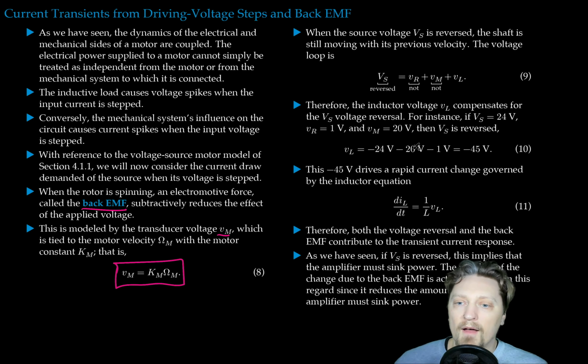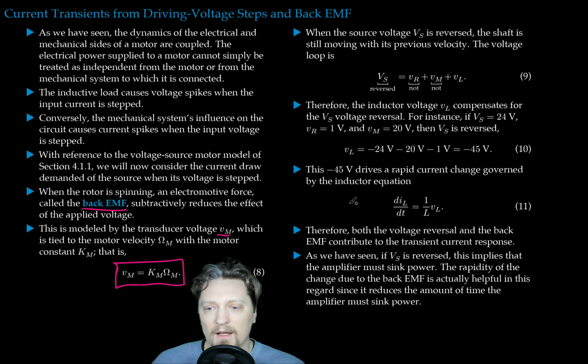This negative 45 volts drives a rapid current change governed by the inductor equation, dIL/dt equals 1 over L times VL. So VL drives a rapid current change due to that negative 45 volts. Therefore, both the voltage reversal and the back EMF contribute to the transient current response.